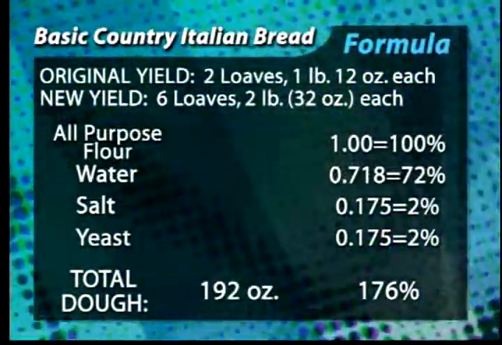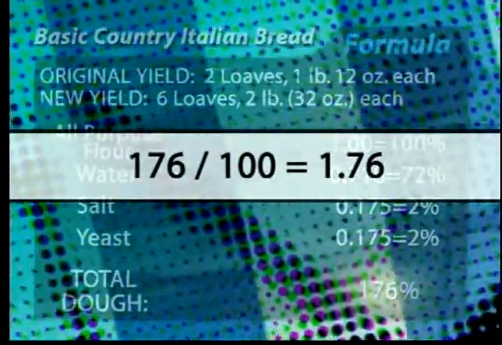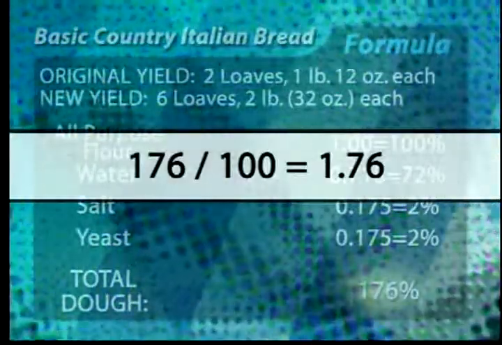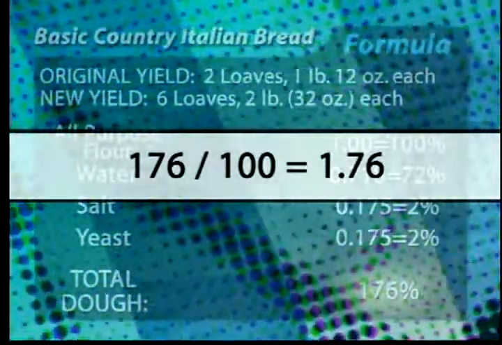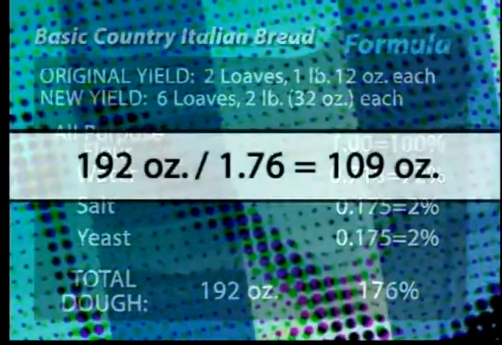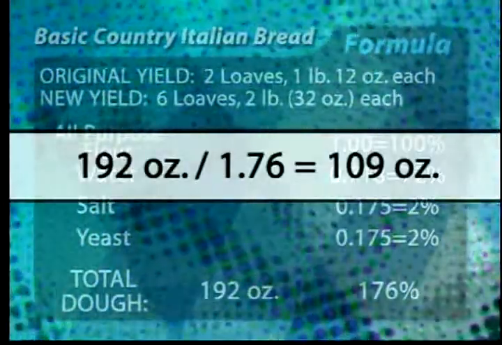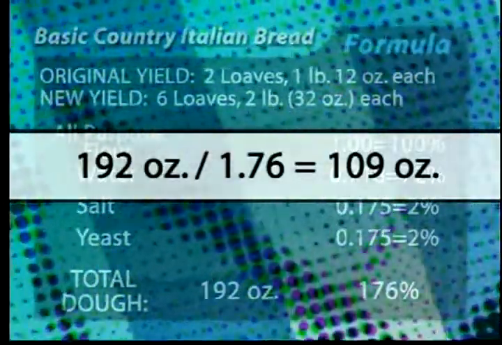Now, find the baker's percentage conversion factor. As we did before, divide the total baker's percentage for our formula, 176, by 100 for a baker's percentage conversion factor of 1.76. Now divide the new yield, 192, by the conversion factor 1.76 to find the new amount of flour needed, 109 ounces.